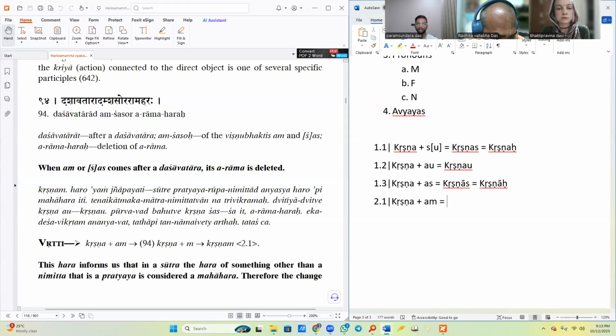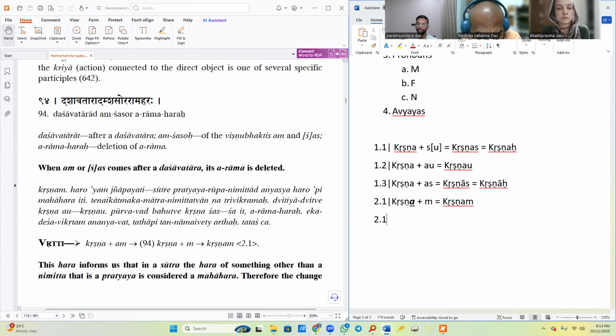So when we have Dashavatara at the first place, and then after this Dashavatara, we have Shas. So the A of Shas is deleted by this sutra. After Dashavatara, and we combine it, it becomes Krishnam. Krishnam Vande Jagat Guru.